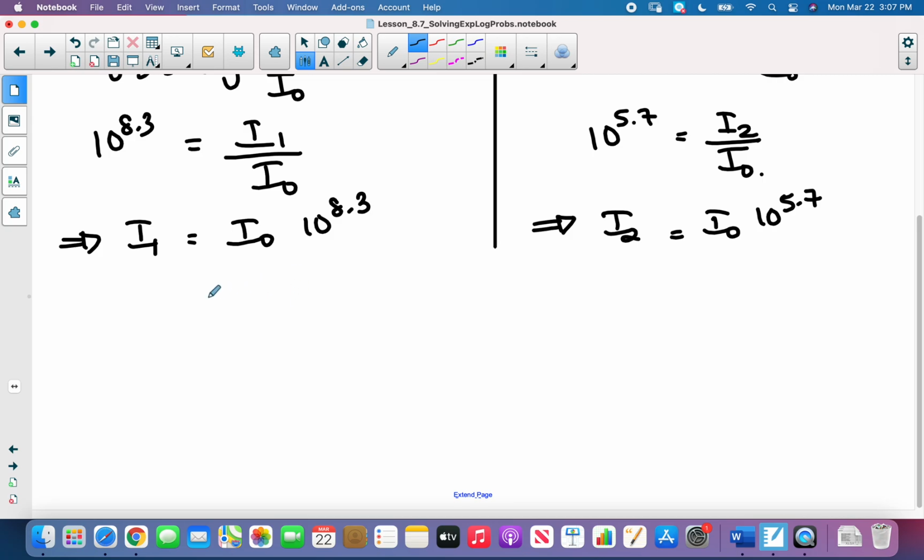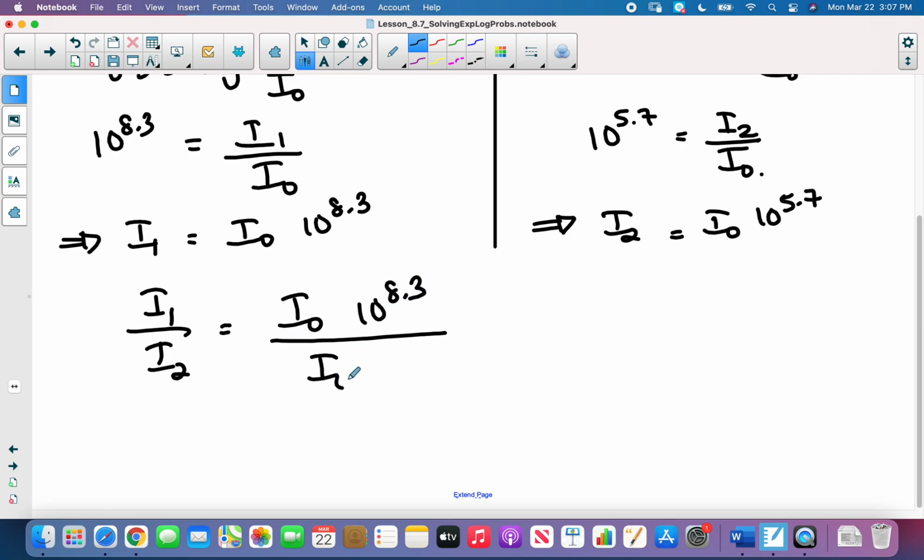So if I compare the ratio of their intensities, it would be I0 times 10 to the power of 8.3 divided by I0 times 10 to the power of 5.7. So it's 10 to the power of 8.3 minus 5.7. And that works out to approximately 398 as your answer.